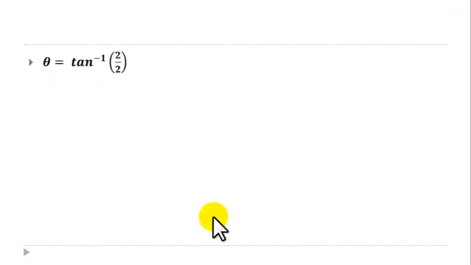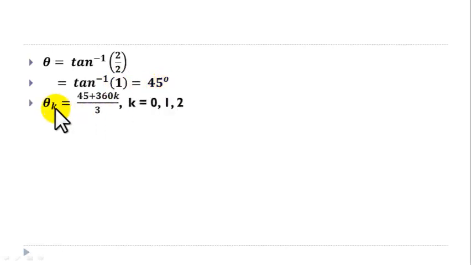Now the argument of the complex number, theta, is equal to arctan of 2 over 2, which is equal to arctan 1, and arctan 1 is equal to 45 degrees. So therefore our theta k is equal to 45 plus 360 k all over 3, for k equals 0, 1 and 2.